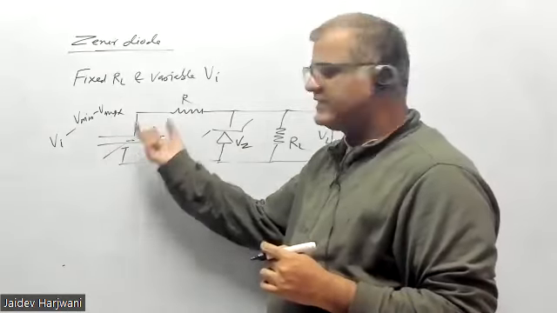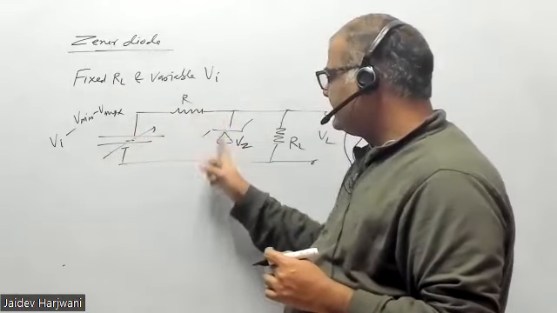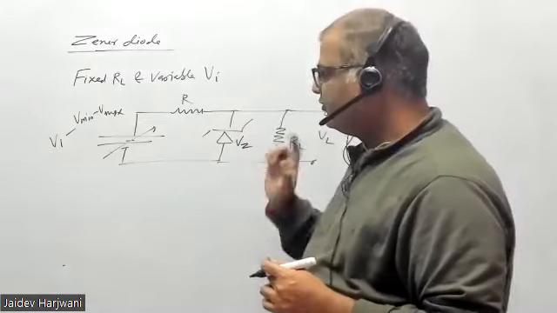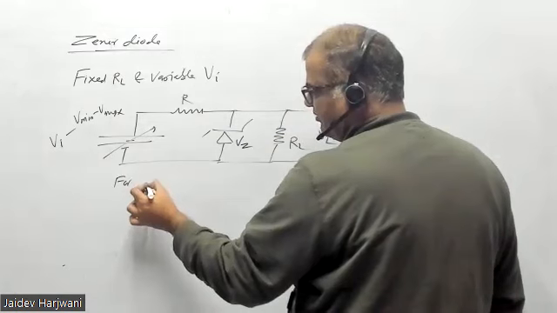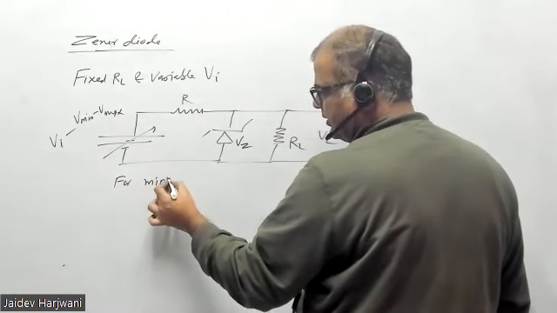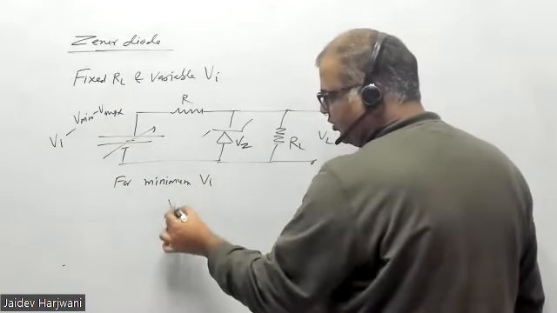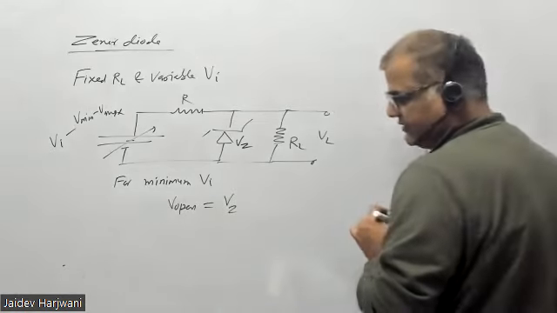If the voltage is less than the minimum value, it will not be able to make this zener on. So for minimum V input, your V open should be at least equal to Vz.